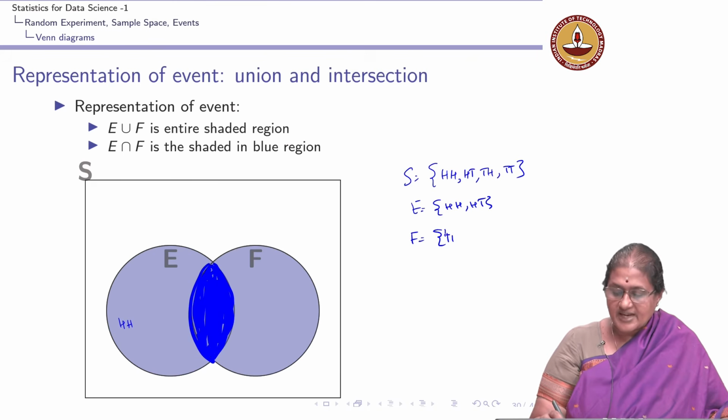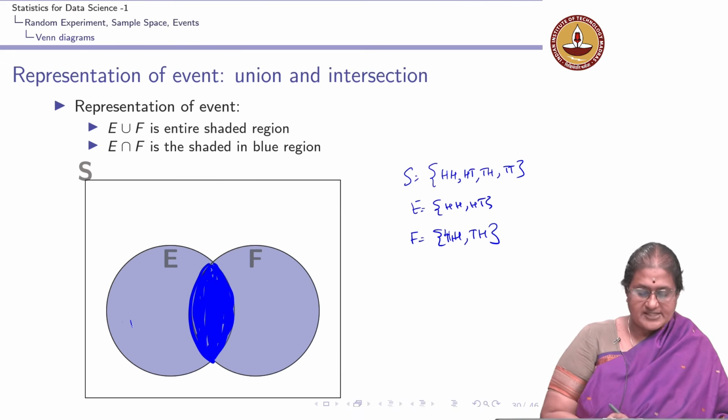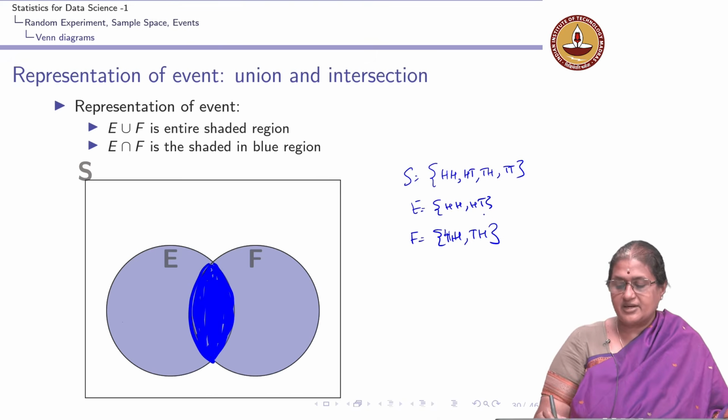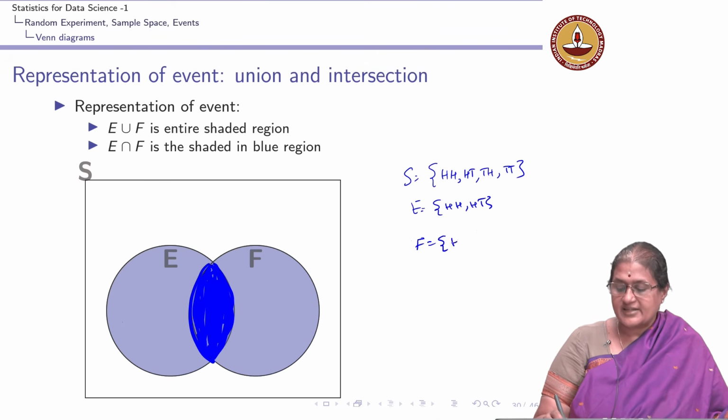Suppose E is head in my first toss, and let F be head in the second toss.